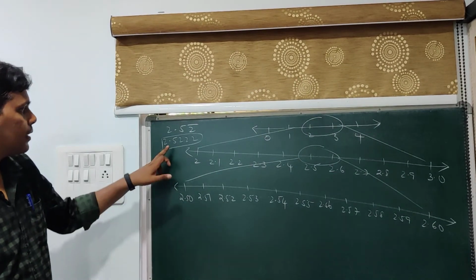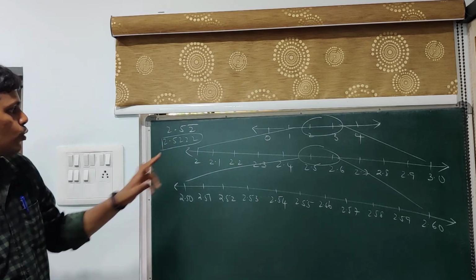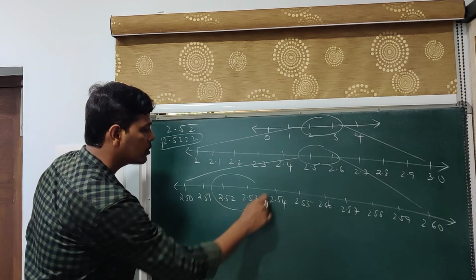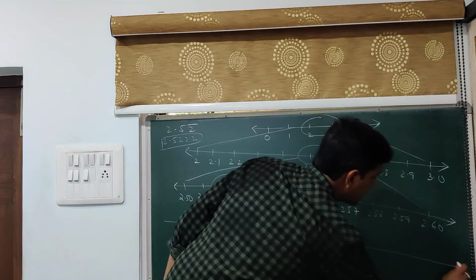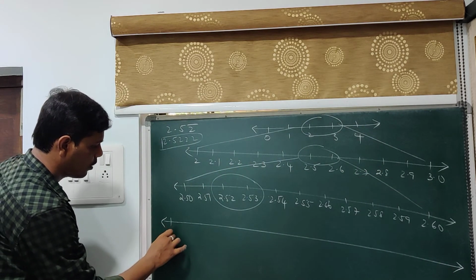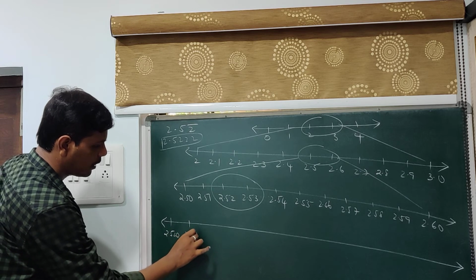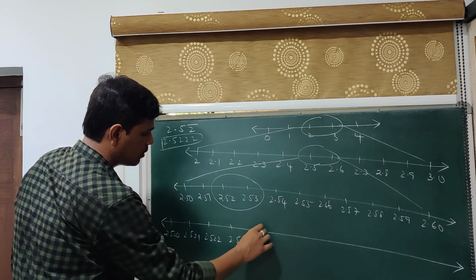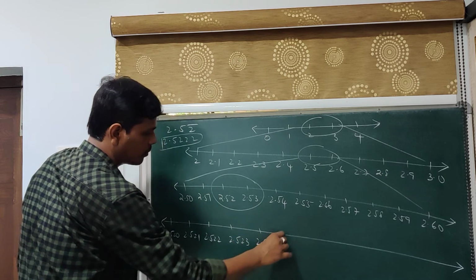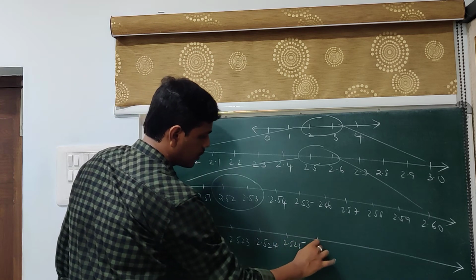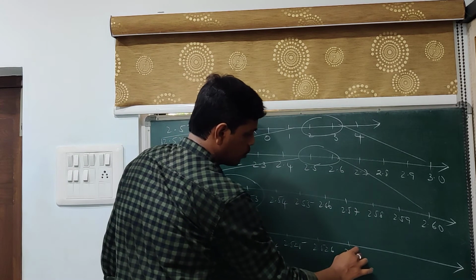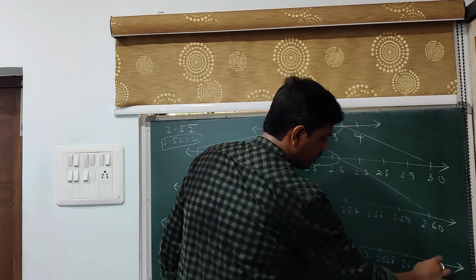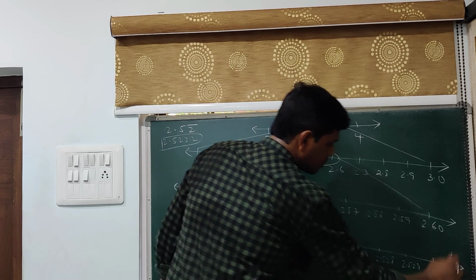Okay. So next, again I look into the given number 2.522. So 2.522 lies between 2.52 and 2.53. So this is what is to be magnified now. So again 2.520, 2.521, 2.522, 2.523, 2.524, 2.525, 2.526, 2.527, 2.528, 2.529 and 2.530.